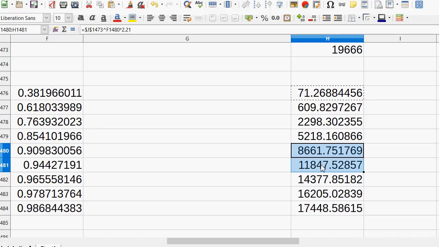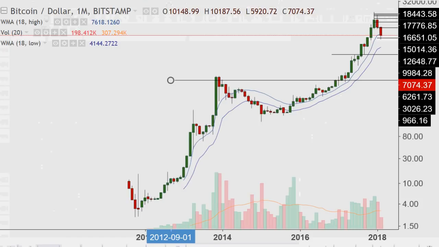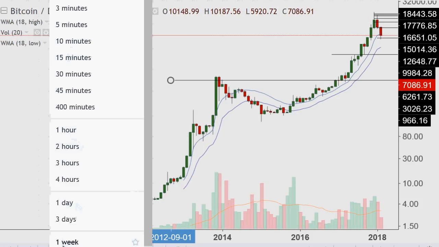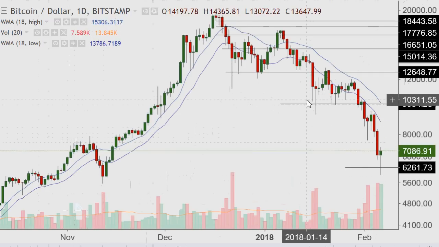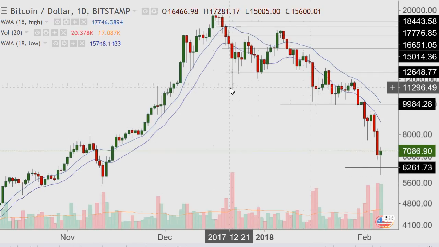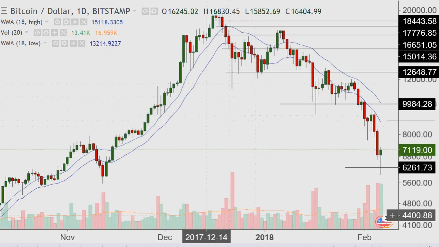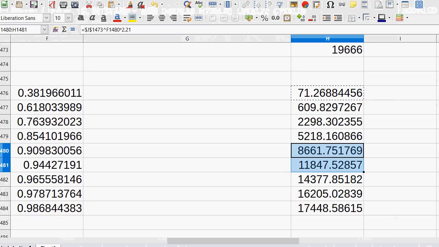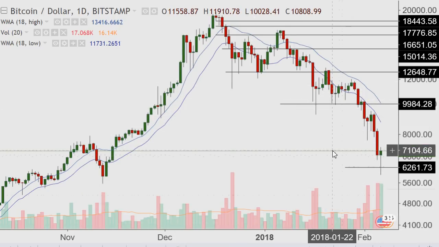And now I want to check the 86 and the 11.8. 86 and the 11.8. 11.6. Well, I mean, 11.6 is the perfect support here, so it's working too as well. Interesting. And then 88, I think it was. 86.